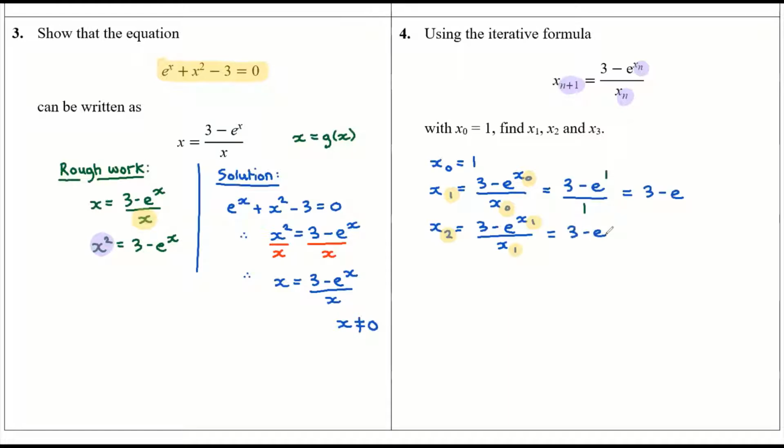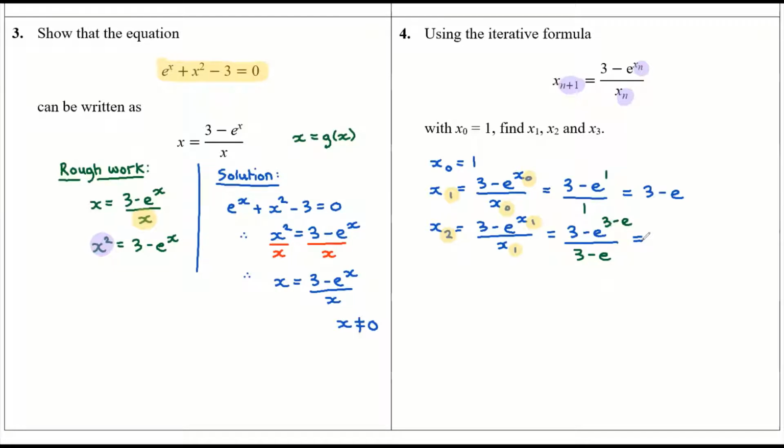Now we've got to raise the e to the power of x1. So that's going to be 3 subtract e in the power, and then we have to divide that by 3 subtract e in the denominator. Okay, so this is going to be an interesting looking number. We could leave it like that, but obviously it's going to make the next iteration really, really bad.